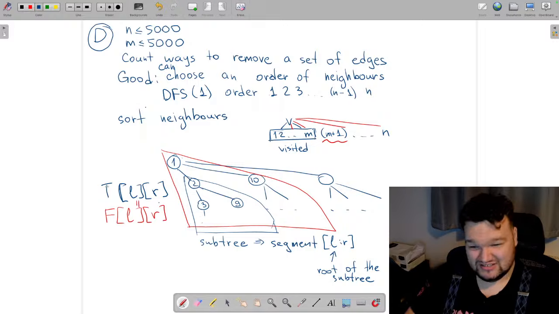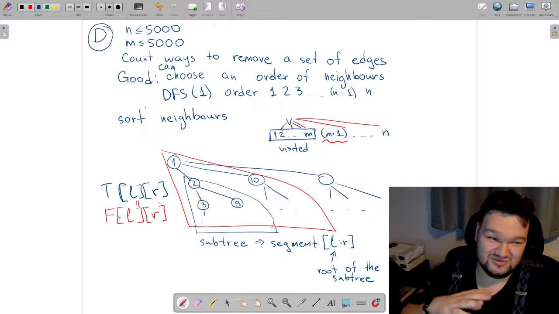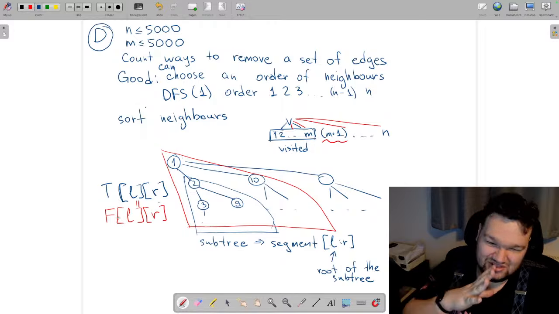But actually T is the same as F, because if we have some way to cover the segment LR with the root in L, we can just stop adding children, so the number of ways to do a tree is the same as the number of ways to do it, not a full tree.